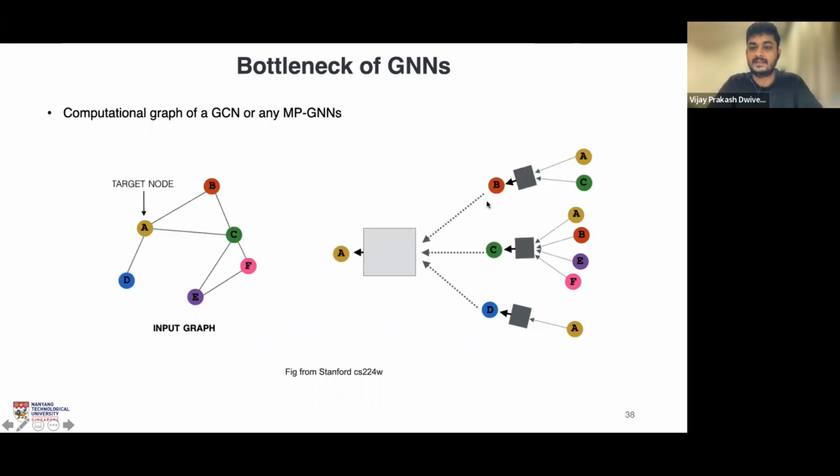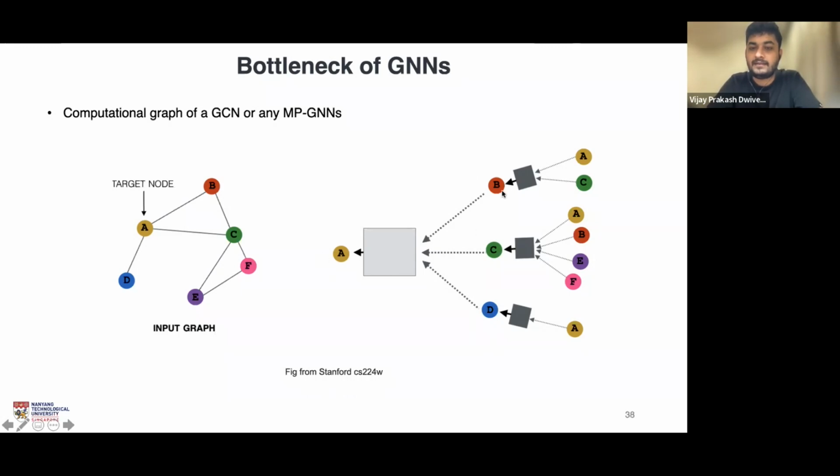Similarly, at the first layer itself, the node B will take the feature from A and C because B is connected to A and C, and so on for the nodes C and D. So at the first layer, it just takes in the information from the one-hop neighbors. But when we do it for the second layer, A will again take the one-hop information only.